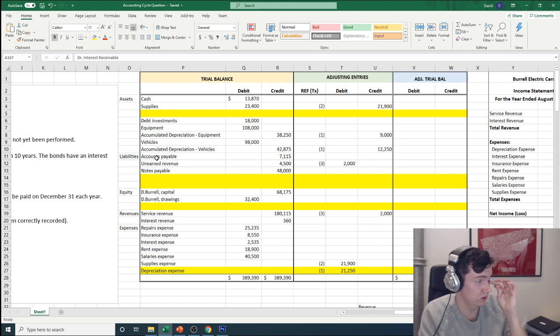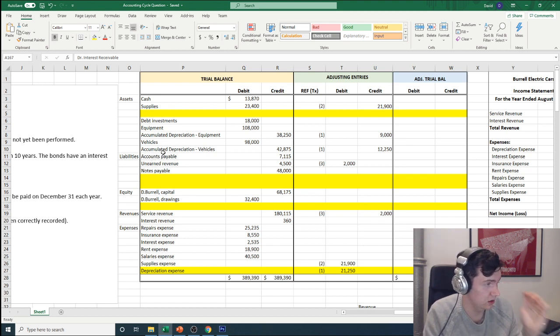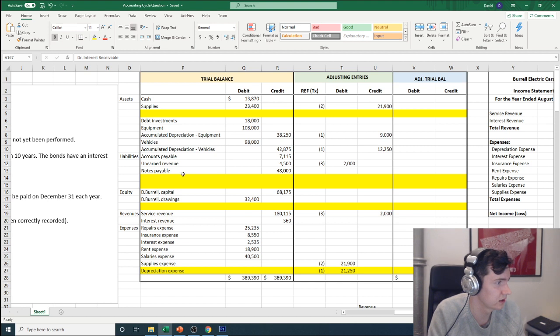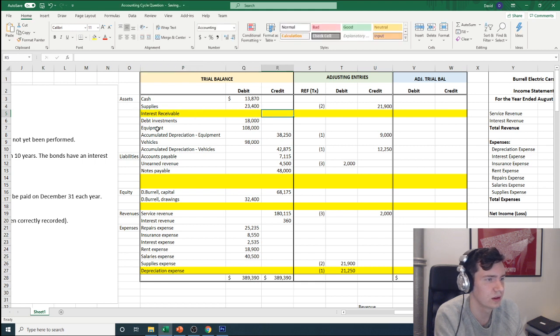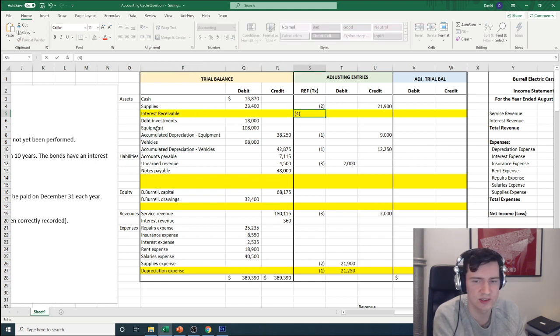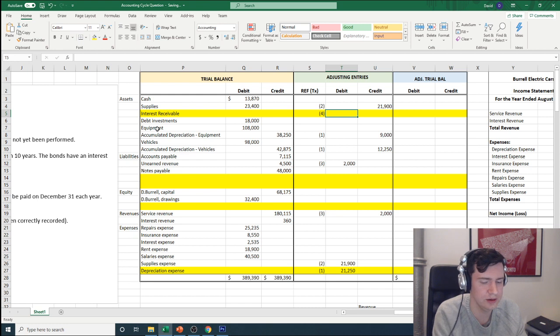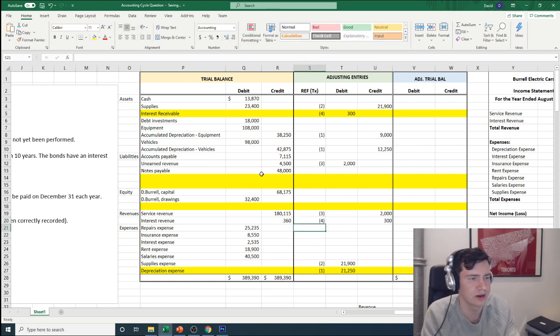We do not. Okay, we do not. So interest receivable is going to go here, and we're going to reference it as the fourth adjusting entry, and it's going to be for 300 since we're increasing the interest receivable asset account by 300. And our interest revenue, we're going to increase that by 300 as well.